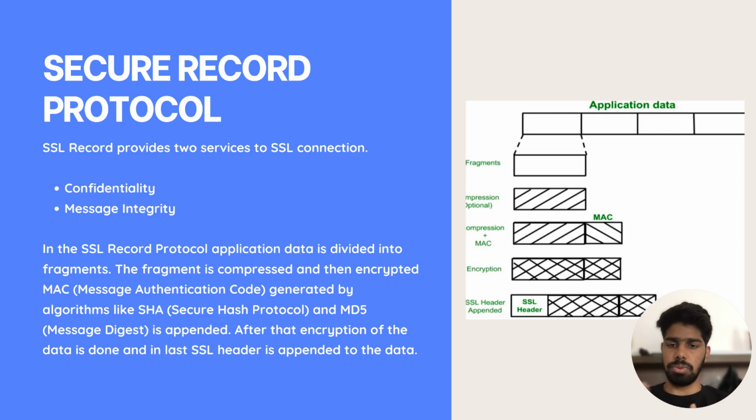After the encryption is done, the message digest is appended to the encrypted data. In the end, SSL headers are appended to the data. This is like an identification for the website.